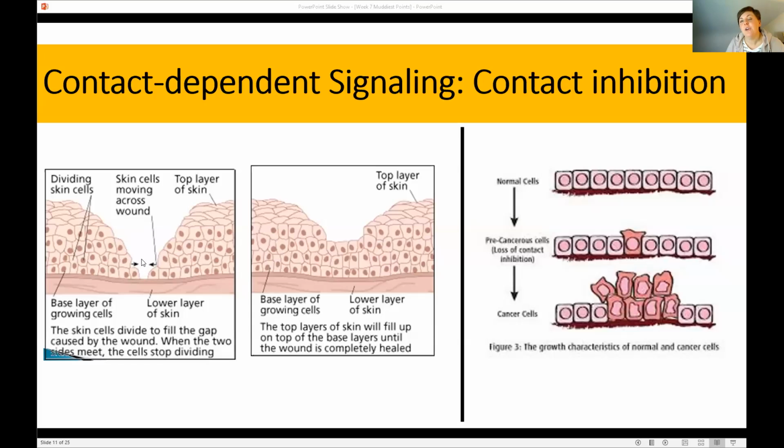Okay. So one thing that has to happen, right, if you have your skin and you get a big cut, is you have to take that cut and you have to make the skin come back together. So those skin cells on either side of the wound, here and here, have to grow together until that wound is sealed up. Okay. So how do cells do that?